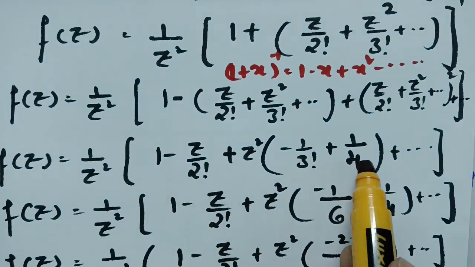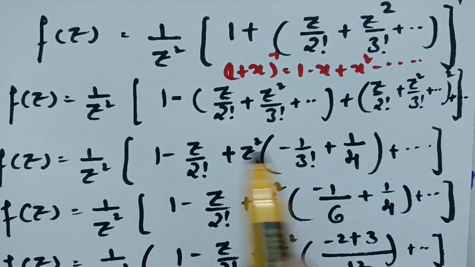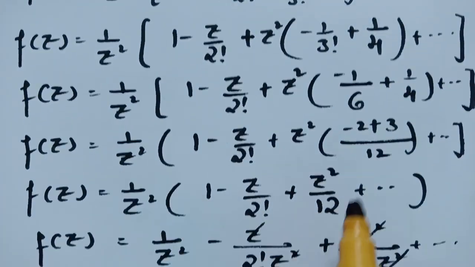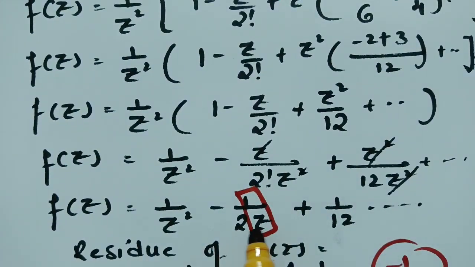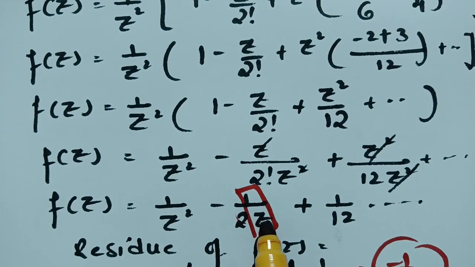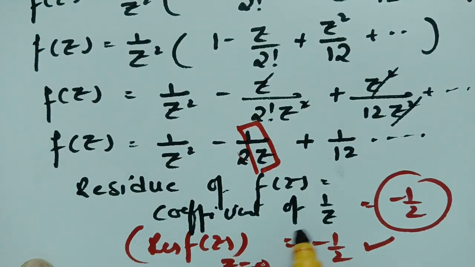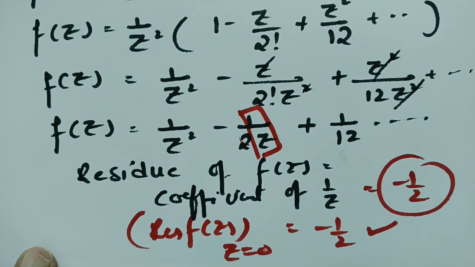So if I expand this one and take z and z square common, and then send z square inside, our coefficient of 1 by z will be the residue of the function. Therefore, the residue of f of z is equal to the coefficient of 1 by z, which is equal to minus half. So this is how we have to solve. There are so many types of problems for solving the residues and the poles.